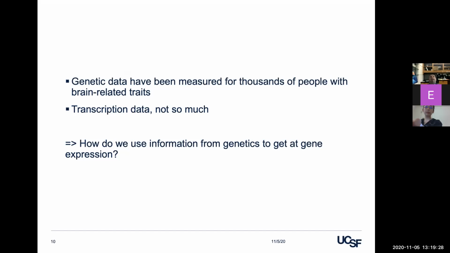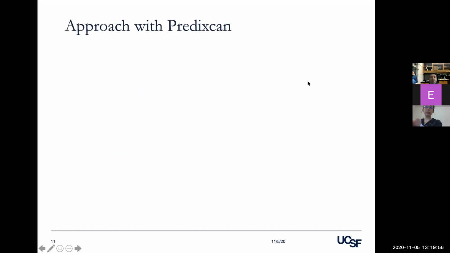But we don't have that many people who have transcription level data, especially in the brain for these genes. So the question that this methodology answers is, how do we use this genetic information to get a gene expression?